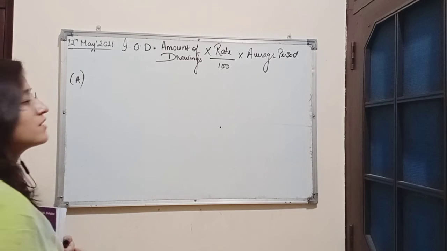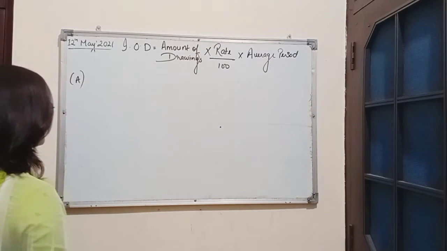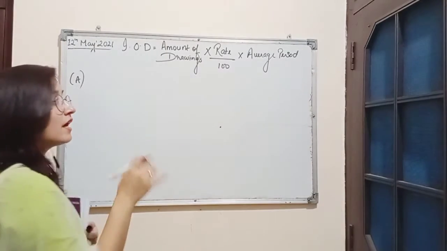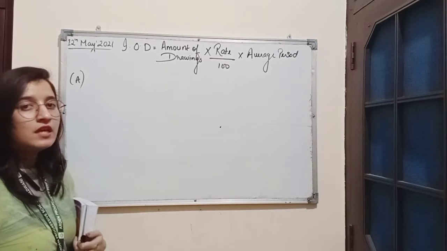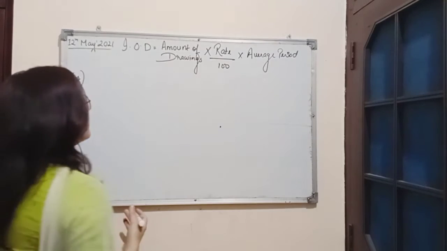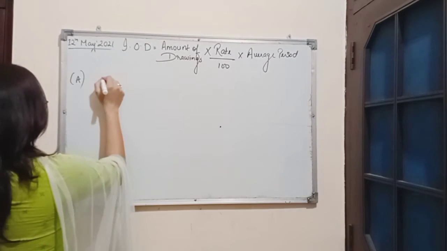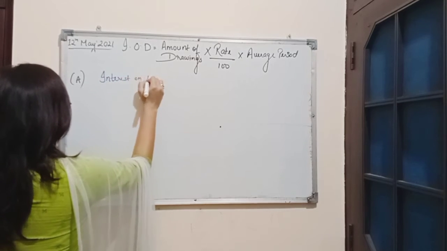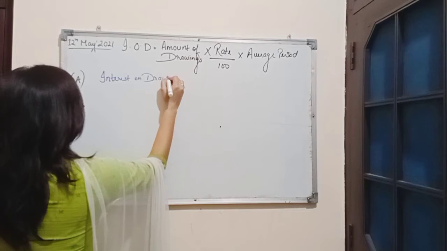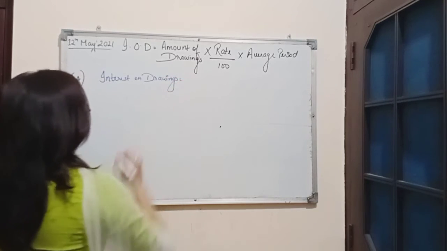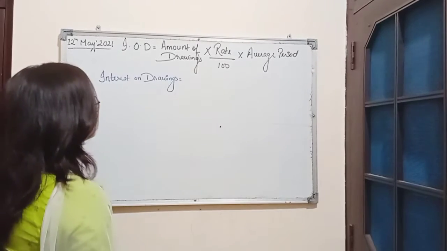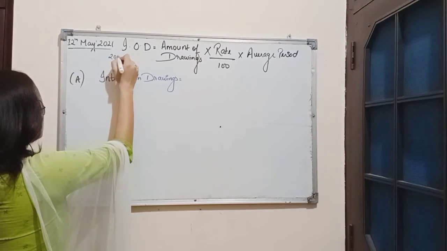solving the first case of the question, where the partner is withdrawing 20,000 in the beginning of every quarter. So putting the values in the formula, interest on drawings will be, now the total amount of drawings withdrawn by the partner in the whole year will be 20,000.